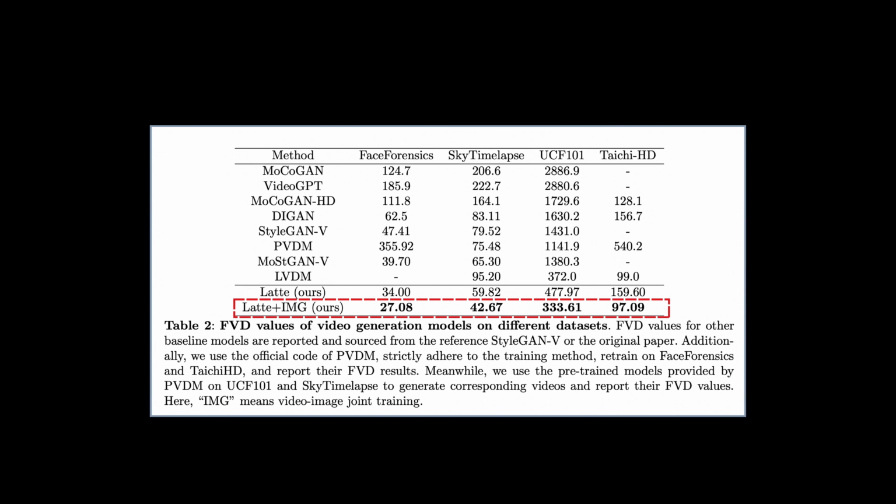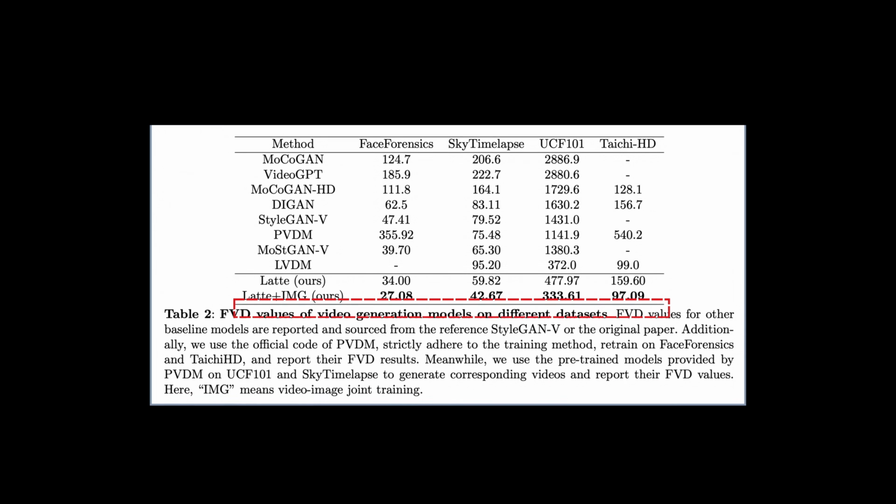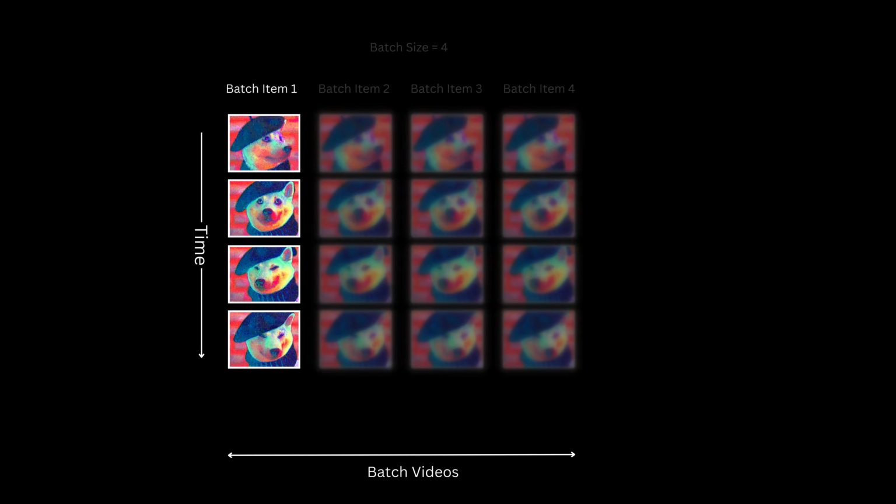This is more of a training variation rather than a model variation per se. Here, instead of training only on latent videos, which is this row here, we do a joint training of Diffusion Transformer on latent images as well as videos. So for video training, we have frames of a video, and obviously we'll have multiple videos in the batch.